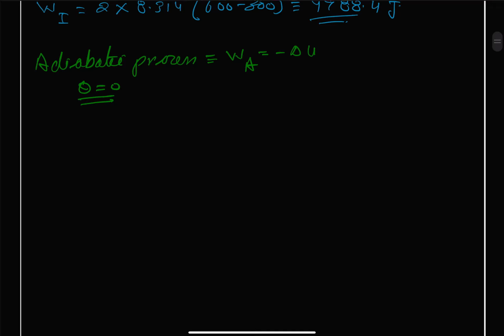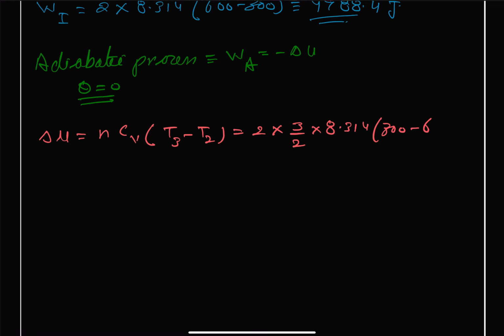And change in internal energy is equal to n Cv times T3 minus T2. The value of n is 2, and Cv is 3 by 2 times R, R is 8.314, and we get this as 300 minus 600.